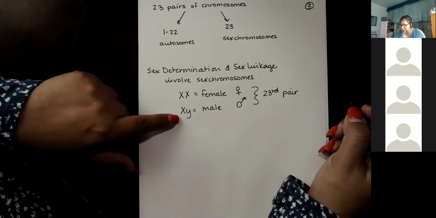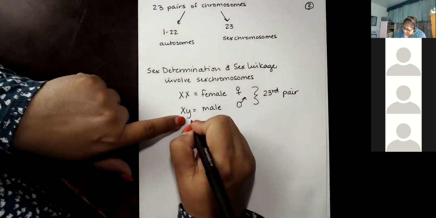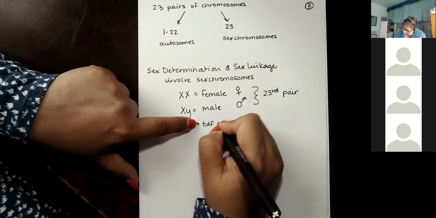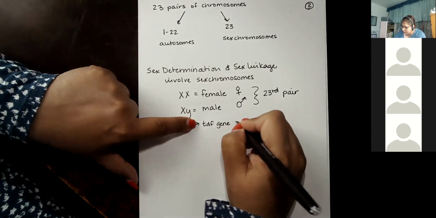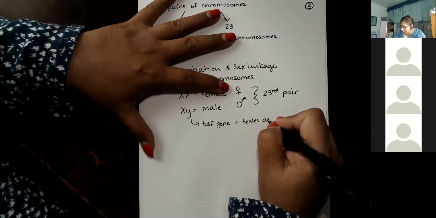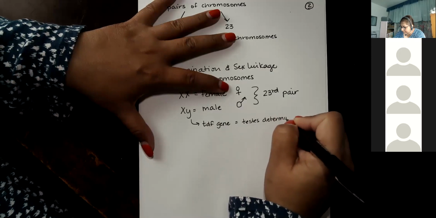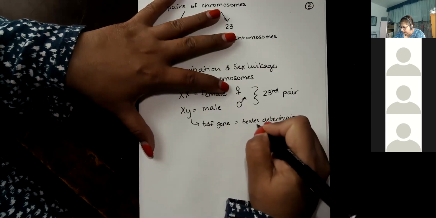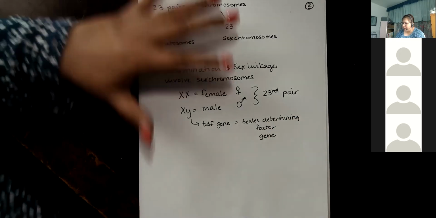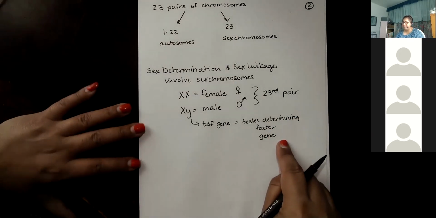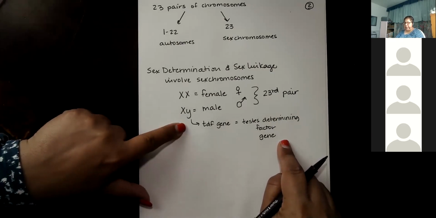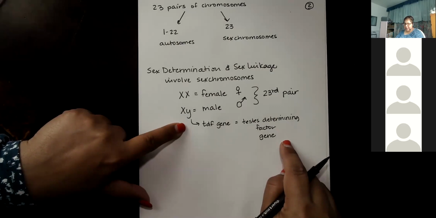One thing that we know is found on the Y chromosome for sure is called the TDF gene, which is also called the testes determining factor gene.